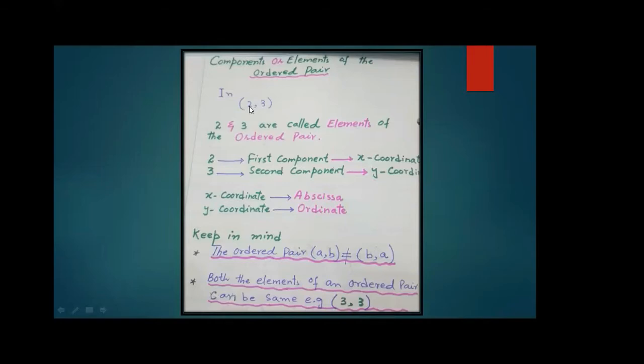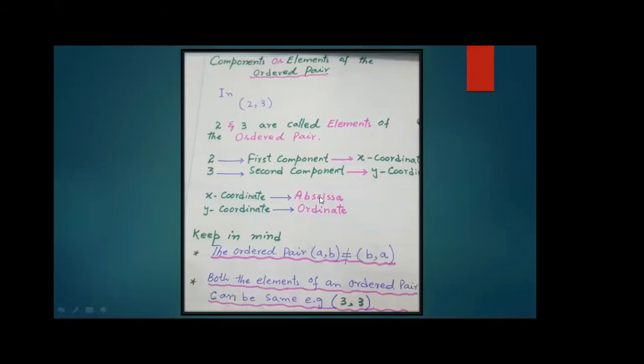So first focus on 2. This 2 is the first component of the ordered pair, and also it is called the X ordinate, or we also call it abscissa.